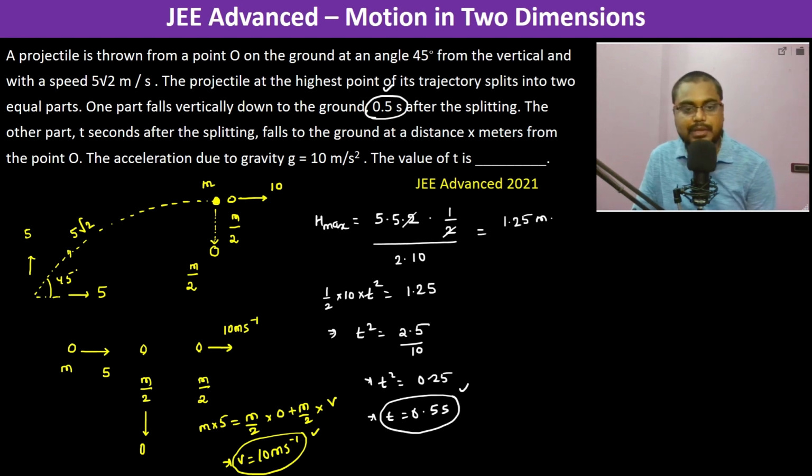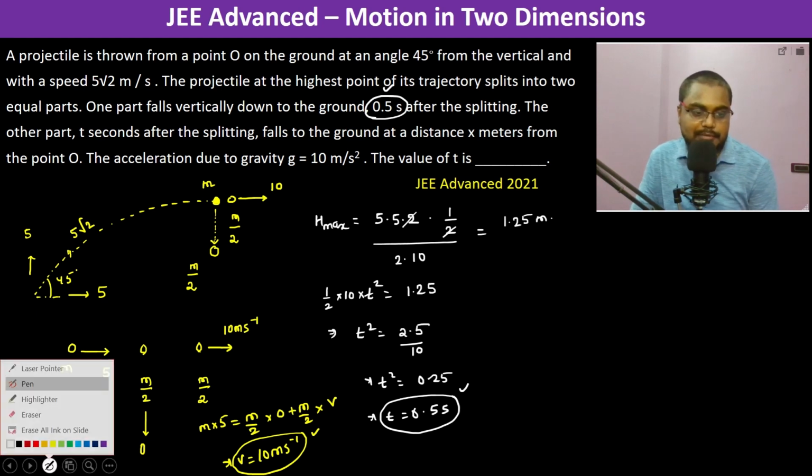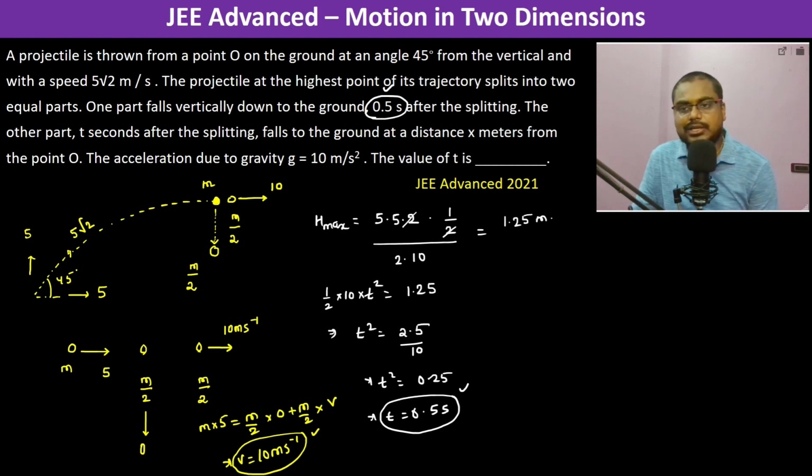seconds. Okay, now for this part, like we just validated, and now for this part which is m by 2 and is going with a velocity of 10 meter per second. So we can see that t seconds after the splitting it falls to the ground at distance x.